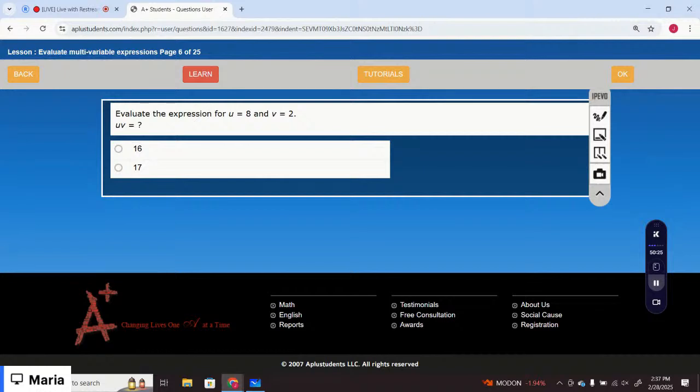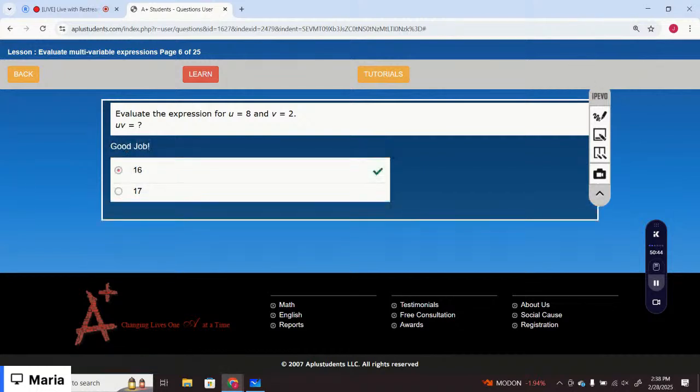Evaluate the expression for u equals 8 and v equals 2. That is 8 times 2, that is 16. Option number 1 is the correct option.